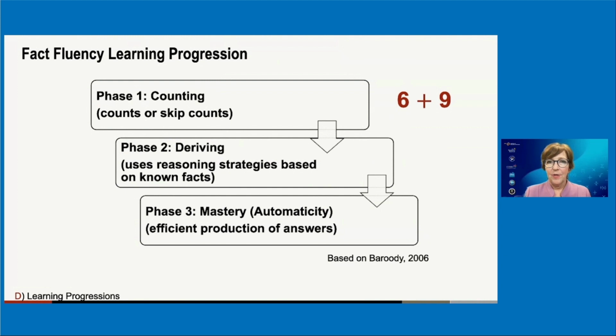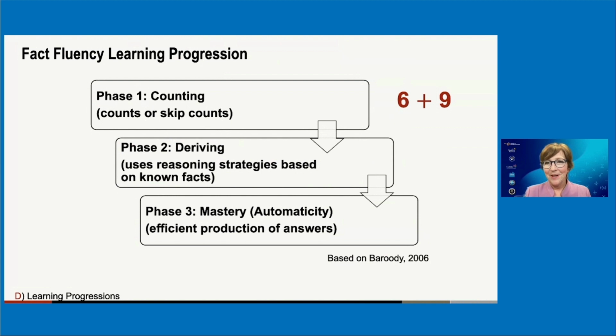For example, with 6 plus 9, they might pretend or use a 10. They might think 10 plus 6 is 16, it's 1 less, 15. And then mastery, which could be that they're very good at thinking of it as 15 because they do that process in their head very quickly, or they just come to know that 9 plus 6 is 15. So that's the fact fluency learning progression.